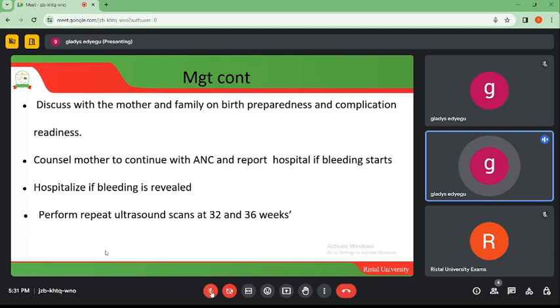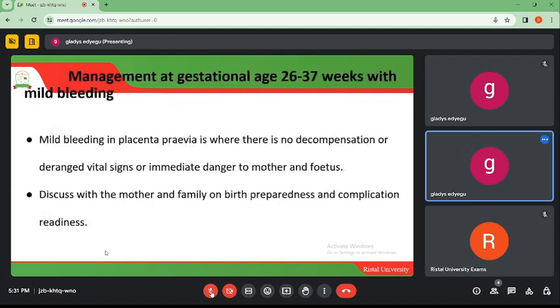That's why it is very important. If a mother did a scan in the early weeks of gestation, we should also repeat around this period of 32 and 36 weeks, when the pregnancy has grown, when the baby has grown, so that we can actually confirm the diagnosis that this is placenta previa.